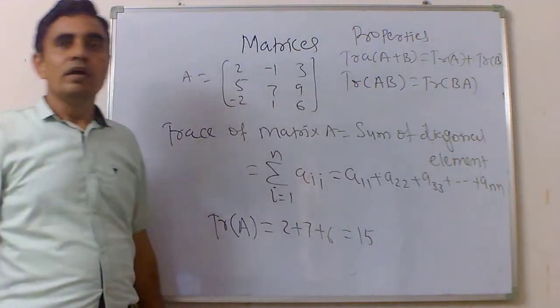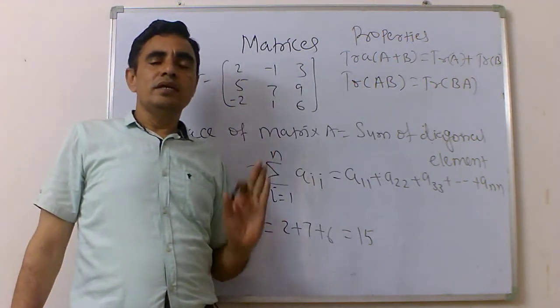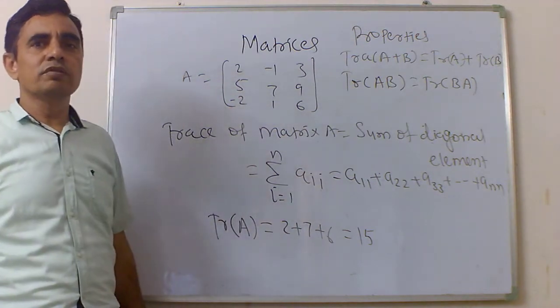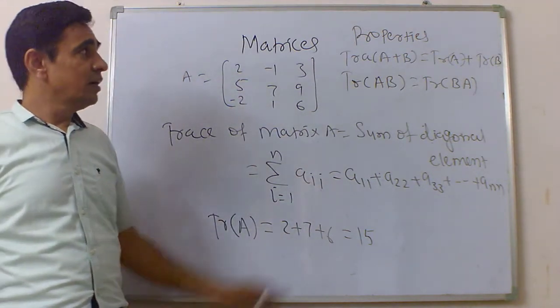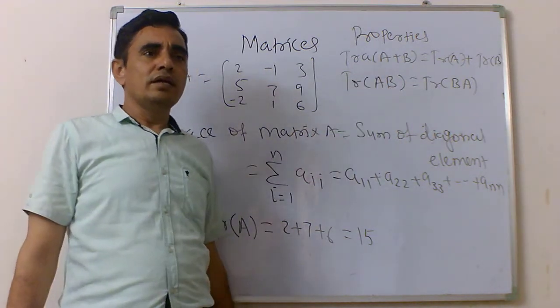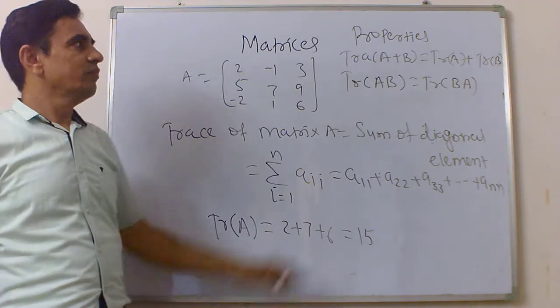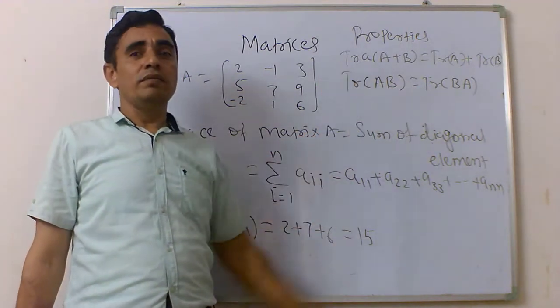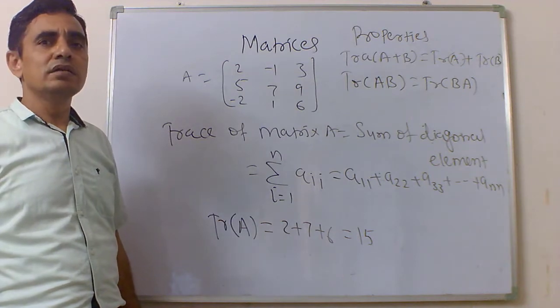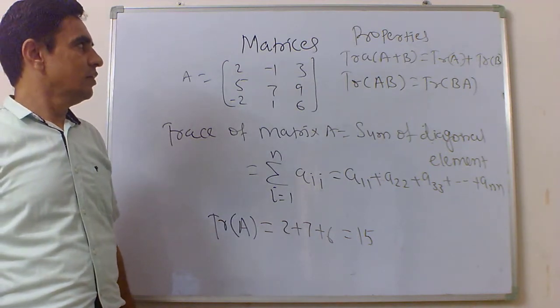We know product matrix AB is not equal to BA. We saw this already in the properties of the product of matrices, but here trace of AB is equal to trace of BA. Even if AB and BA are not equal, the trace of those two matrices is equal.